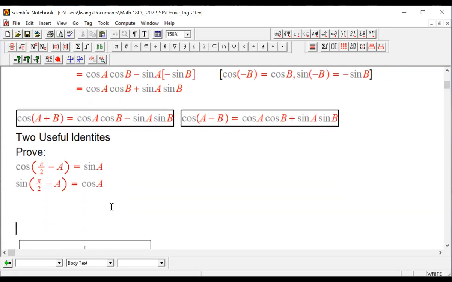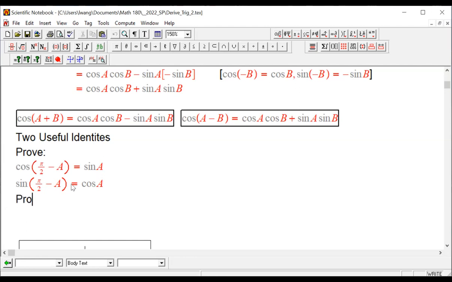These two identities can be very useful because they write cosine in terms of sine, or sine in terms of cosine. Sometimes when you have sine, you want to write it in cosine form, and we can utilize these two. So we're going to prove them.